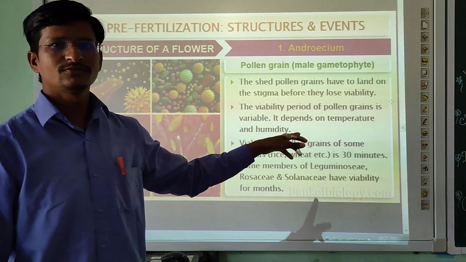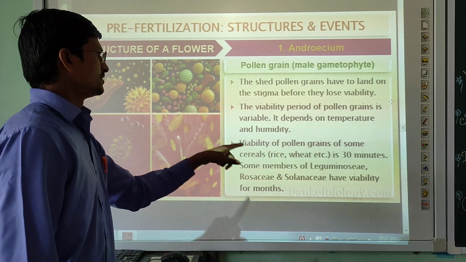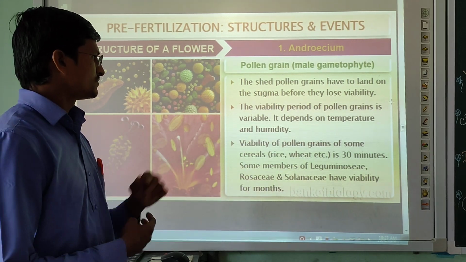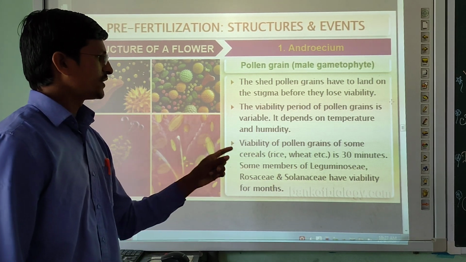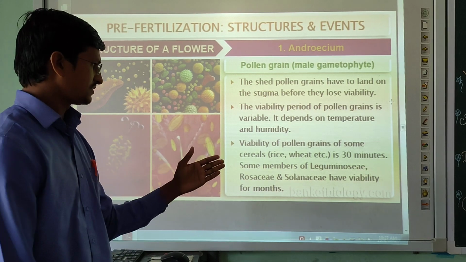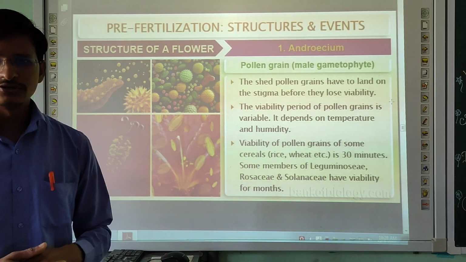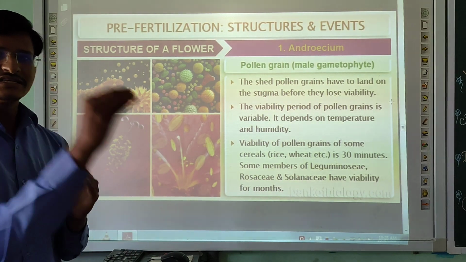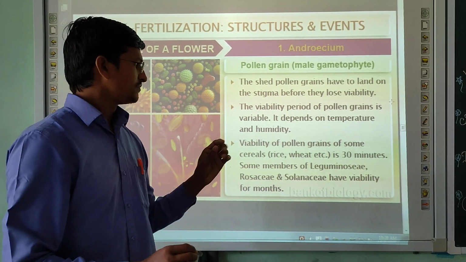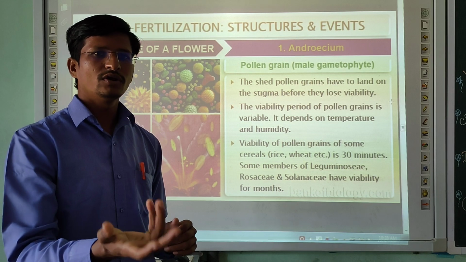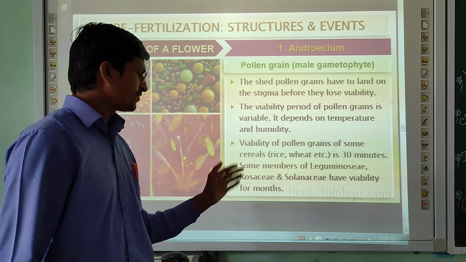The viability of pollen grains of some cereals, rice and wheat, is 30 minutes, and some members of Leguminosae, Rosaceae and Solanaceae have viability for months also.